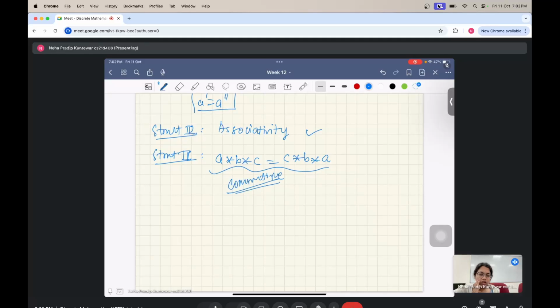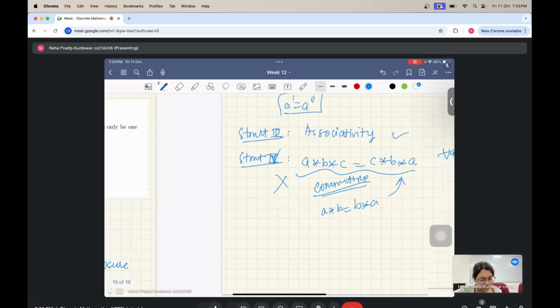If it's commutative, that is A star B is same as B star A, then you can say that this thing holds. But in the definition of the groups that we had only 4 properties: associativity, closure, identity, and inverse, and none of that imposes this structure. So you can very well have a group which does not satisfy this condition for all A, B, C, and therefore this is not a valid statement about a general group.